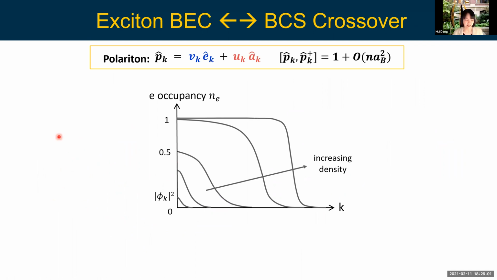Another interesting regime to look at is what if you get enough excitations that you deviate significantly from this weakly interacting boson picture. Shown here is basically the electron occupation number versus the wave number.